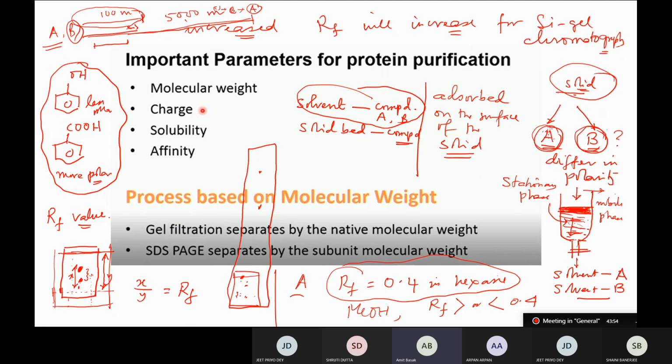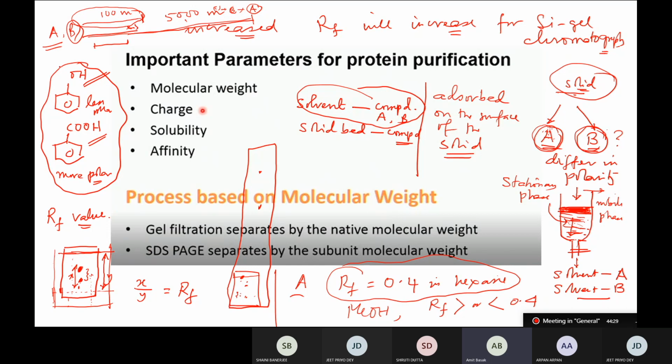Now, in case of proteins, here is another point I should mention. Suppose the two molecules I am trying to separate have similar polarity, but their molecular weights are widely different. Then the movement along this plate will also be different.